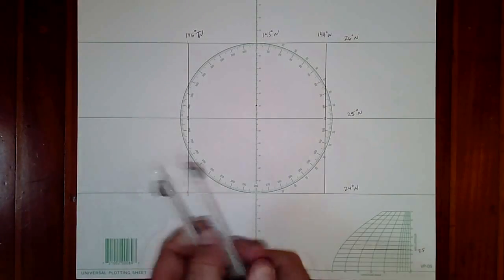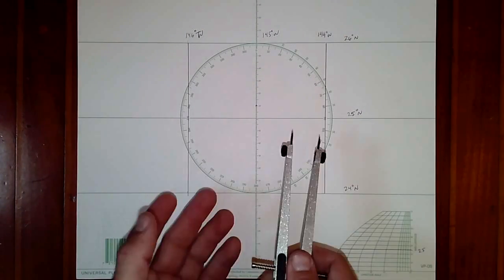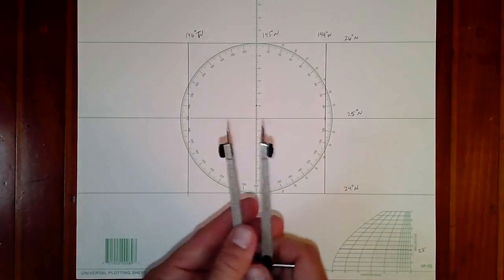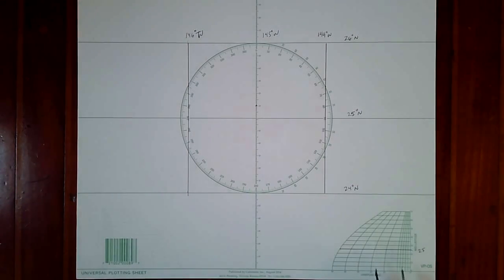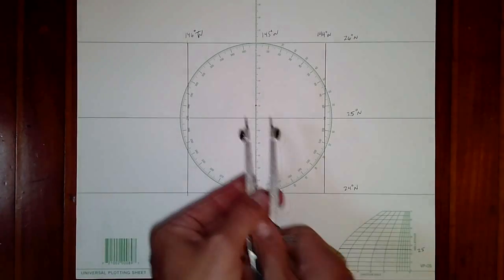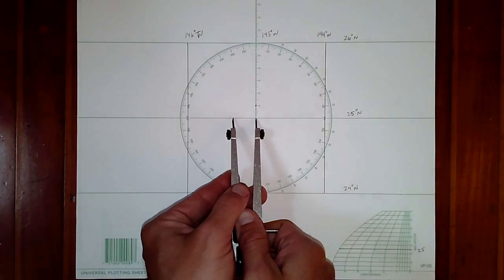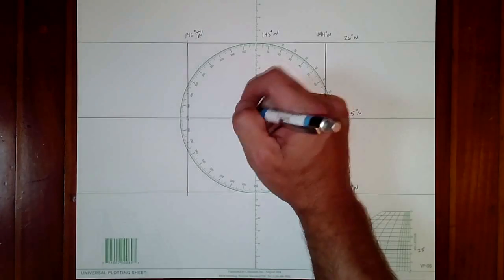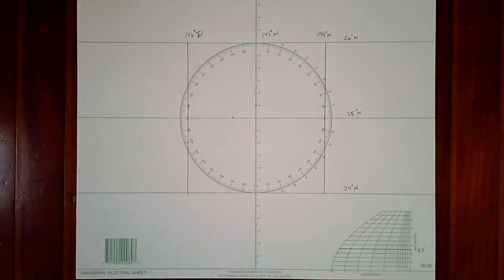If I needed a longitude of 145 degrees and 20 minutes west, what I would do is use my dividers to measure out from 0 to 20. So that represents 20 minutes of longitude, and then I can make a mark over here to represent the longitude line. So that would be 145 degrees and 20 minutes of longitude.